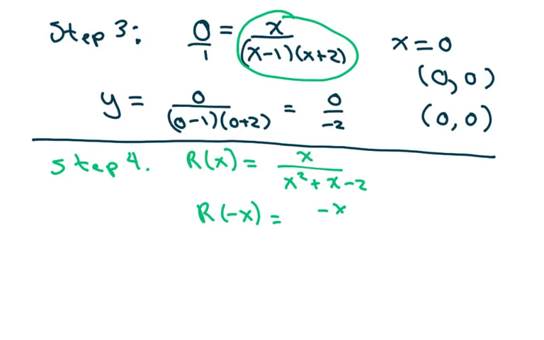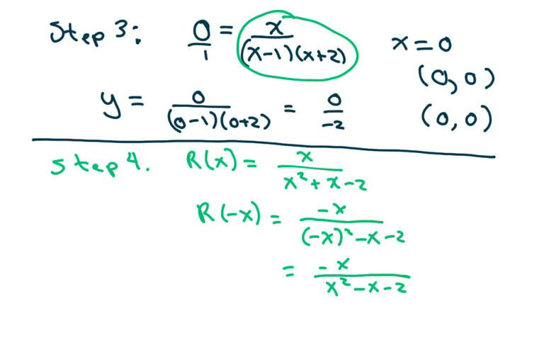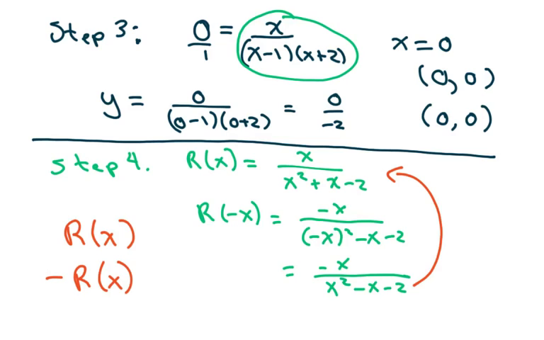You get negative x over x squared minus x minus 2. Since it doesn't look like our original, neither does it look like the negation of the original, there is no symmetry.